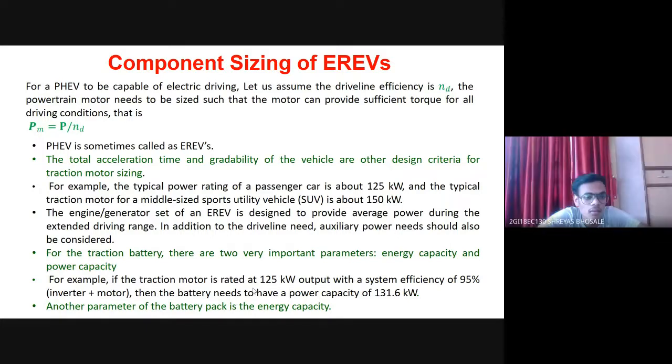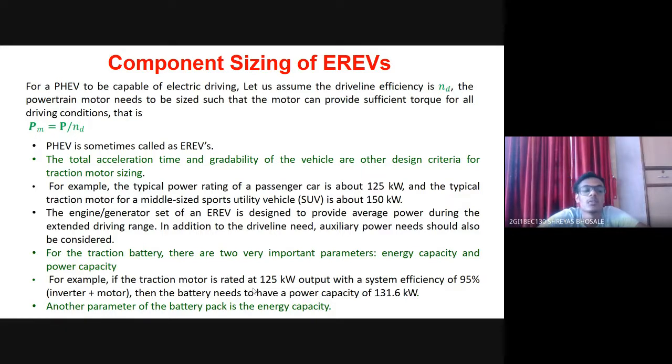For example, the typical power rating of a passenger car is about 125 kilowatt, and the typical traction motor of an SUV is about 150 kilowatt. The engine of an EREV is designed to provide average power during the extended driving range, in addition to the driveline need.